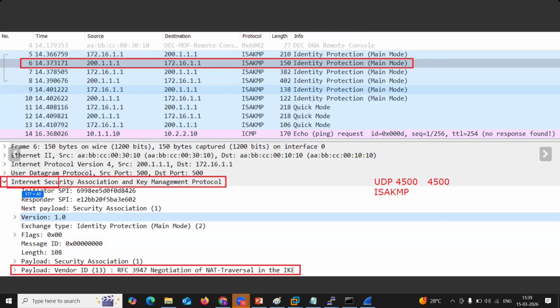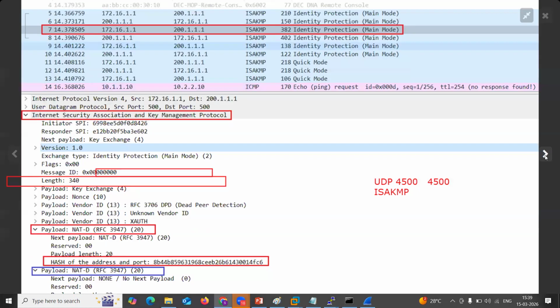I have the ISAKMP protocol, right? Here ISAKMP uses UDP port number 500 for source and destination. But after a certain situation, the story changes.